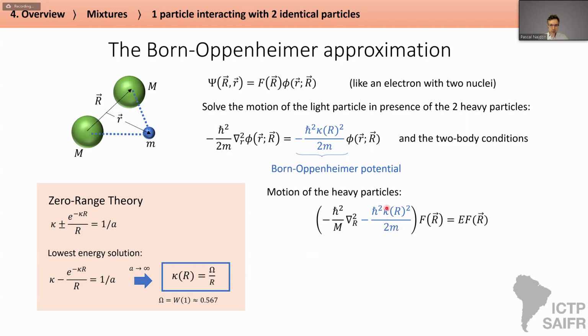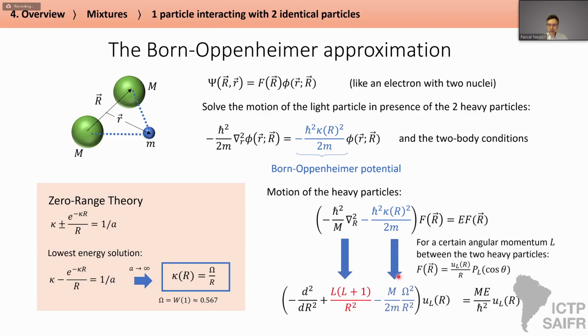So if you put it back here, you see that now the Born-Oppenheimer potential describing the effect of this light particle between the two heavy particles is minus a 1 over r squared potential, so an attractive 1 over r squared potential. And you see that you retrieve here the Efimov result, that there's an effective 1 over r squared attraction.